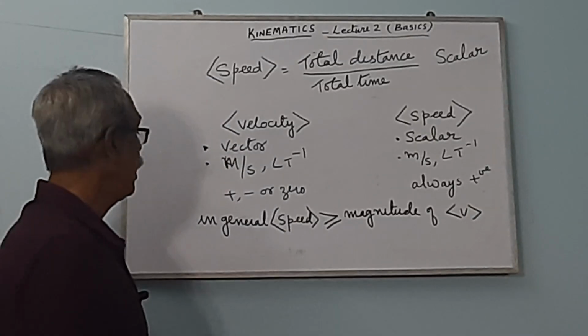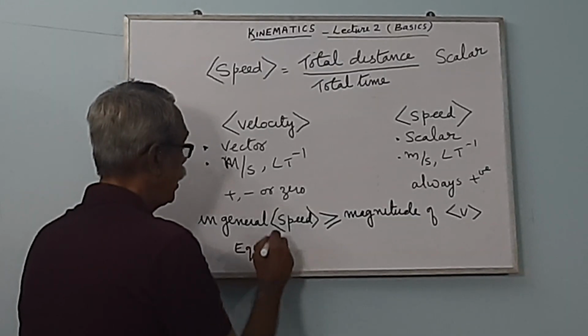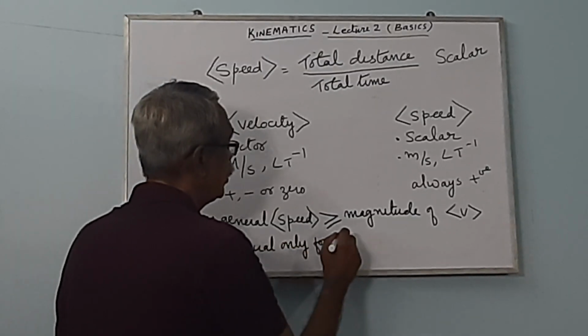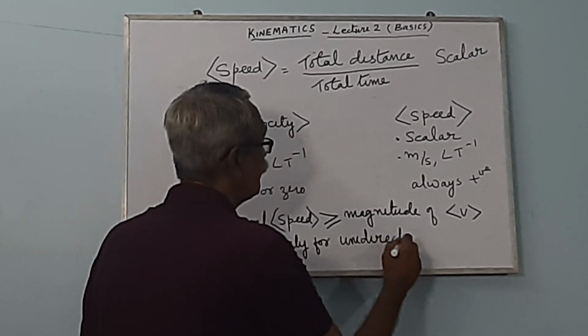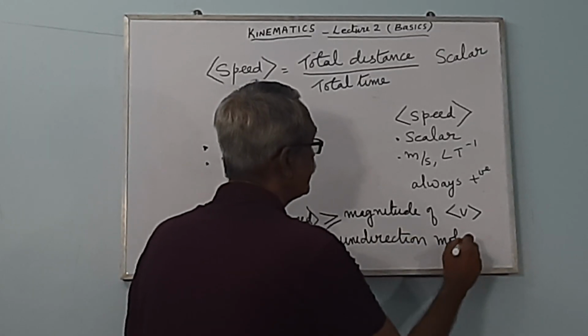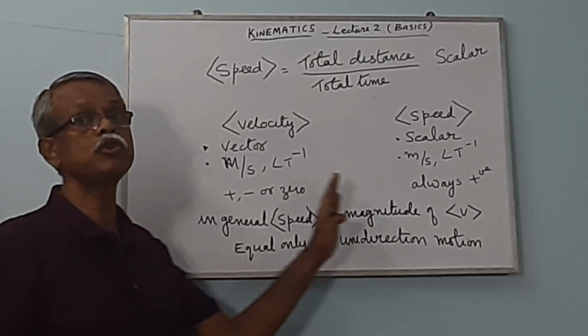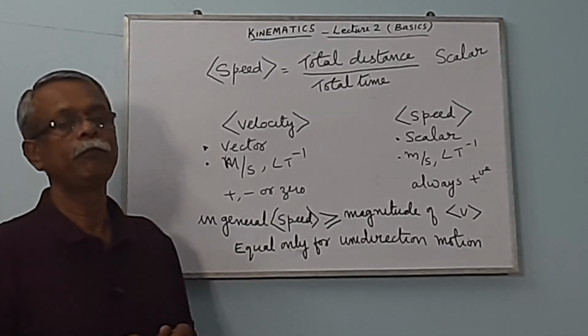They are equal only for unidirectional motion. This we have seen in connection with our displacement and distance lecture, that is in lecture 1. For unidirectional motion, these two are equal. Otherwise, they are not equal.